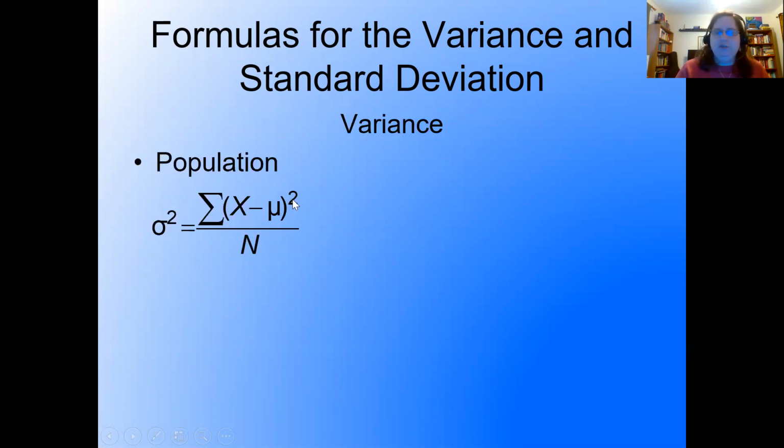Subtract, square. Subtract, square. Subtract, square. Keep doing this until you've gone through all the numbers in your data set. Now when you have all of those squares, you're going to add them up. There's that other sigma. Add them up. And then finally, you're going to divide by the number of points, the number of numbers in your data set.